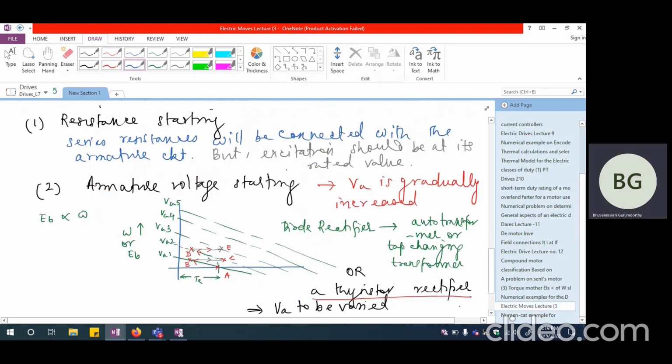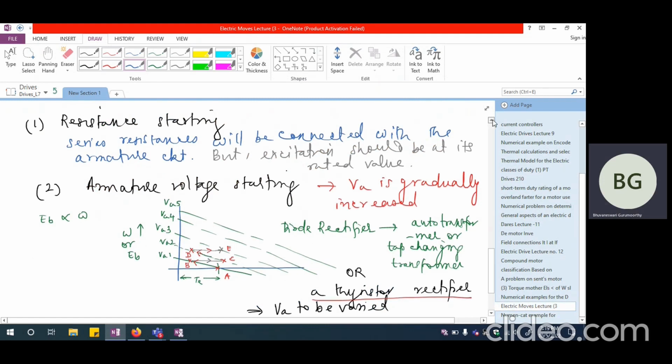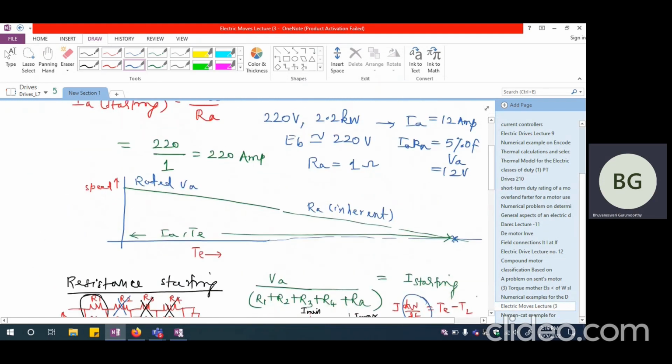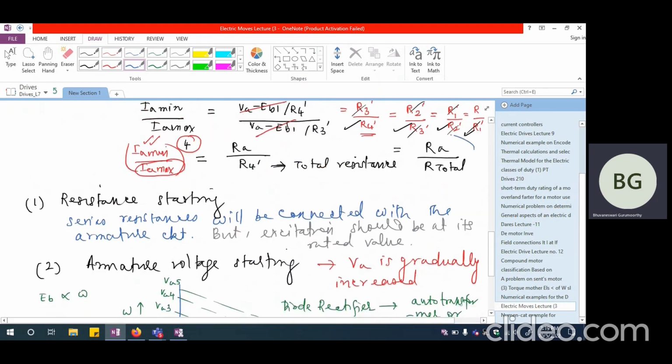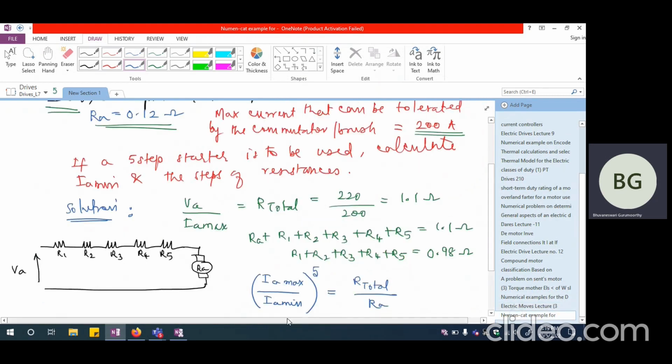Right? That's what we wrote in the last thing. If you may look at it, this is what we wrote. RA divided by R total here is equal to IA minimum divided by IA max whole power 4. That's what we wrote. So what I have written in the next page is IA max divided by IA minimum whole power 5.